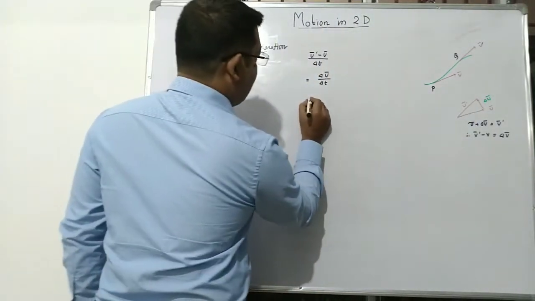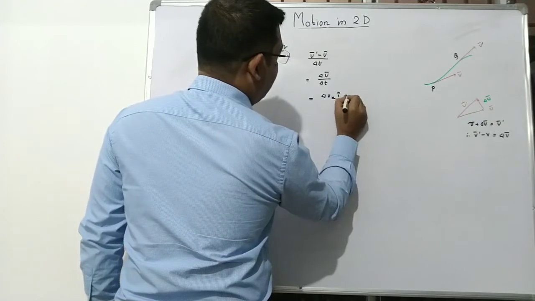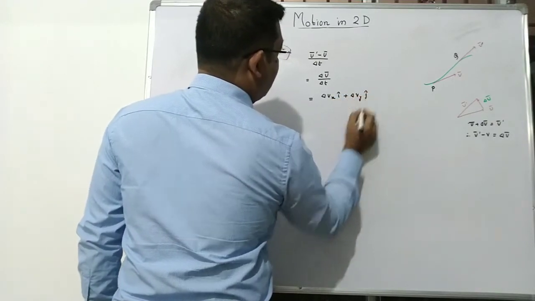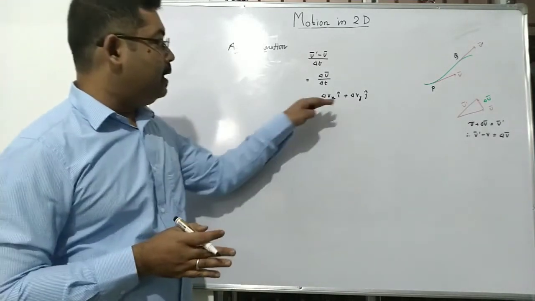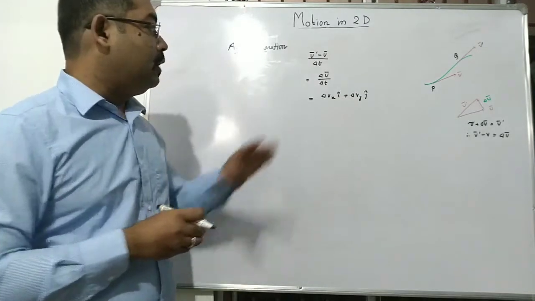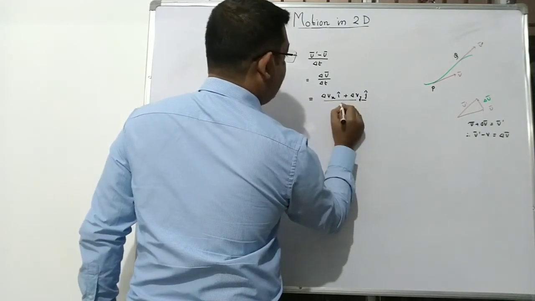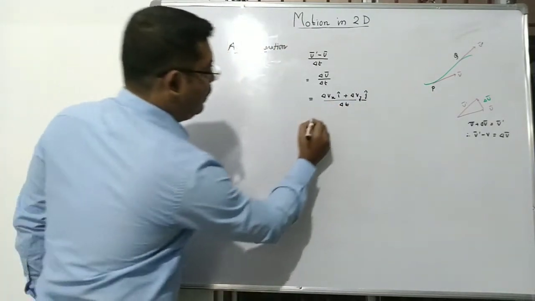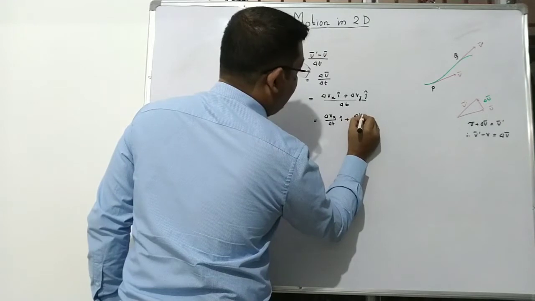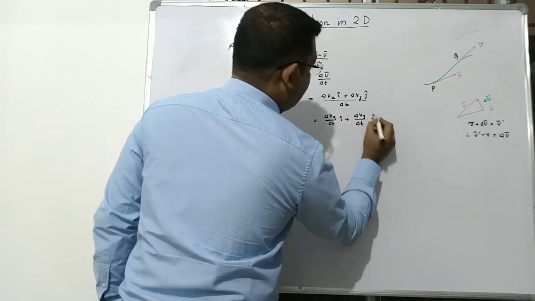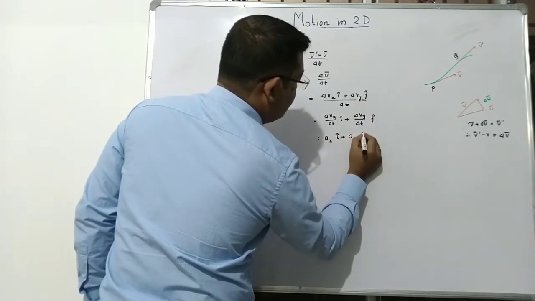Now delta V can be written as delta Vx i cap plus delta Vy j cap, because any vector can be expressed in terms of two mutually perpendicular directions, and in this case we have resolved the vectors along the coordinate axes. Dividing by delta t, we get delta Vx by delta t i cap plus delta Vy by delta t j cap, that is ax i cap plus ay j cap.